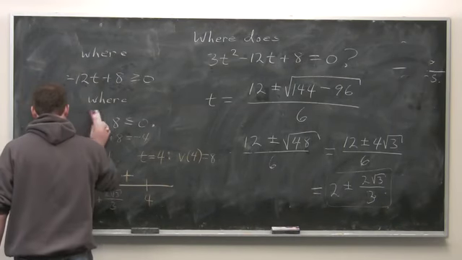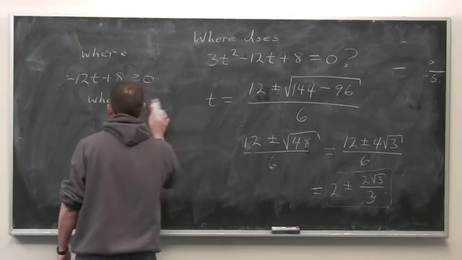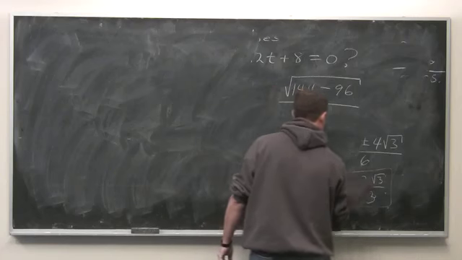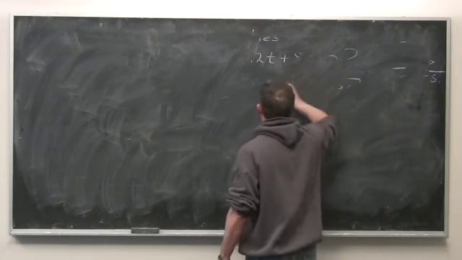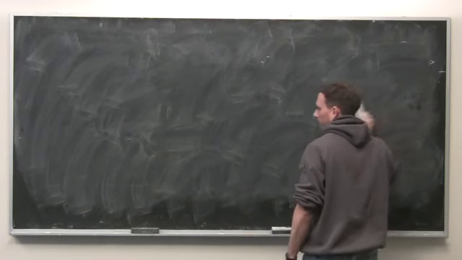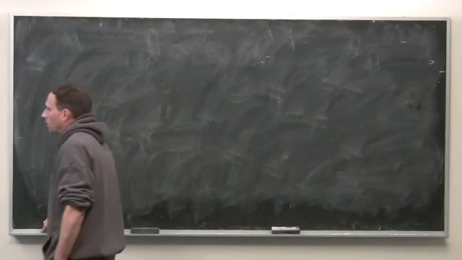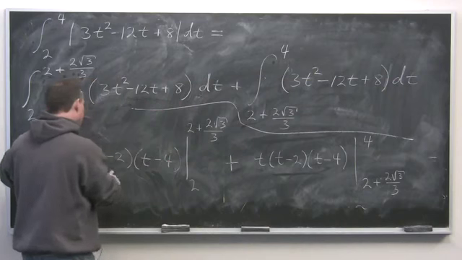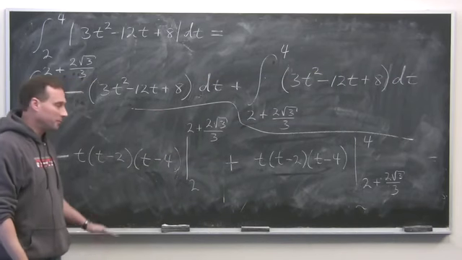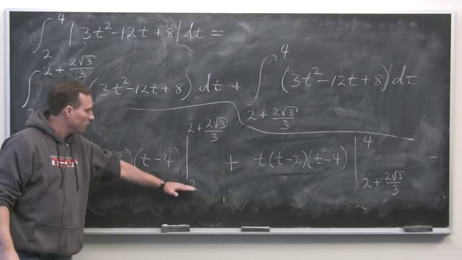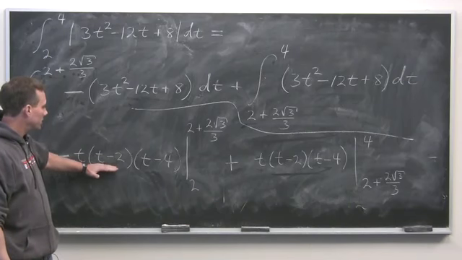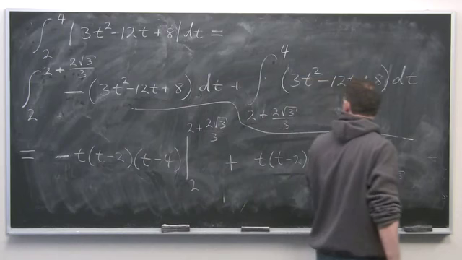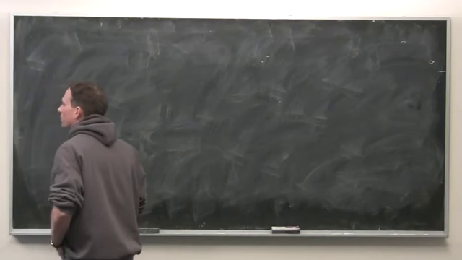So what do we get? All right, you plug in the top limit of integration and subtract what you get at the bottom. I'll say it again, when you plug in the lower limit of integration, so when you plug in 2 here, you get 0. So we just get what you get when you plug in 2 plus 2 times the square root of 3 over 3.